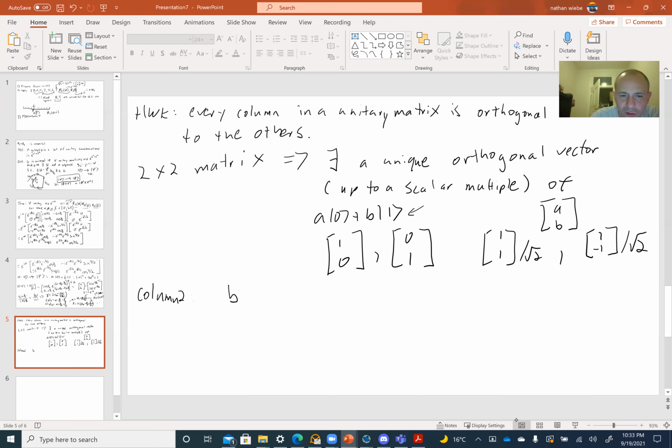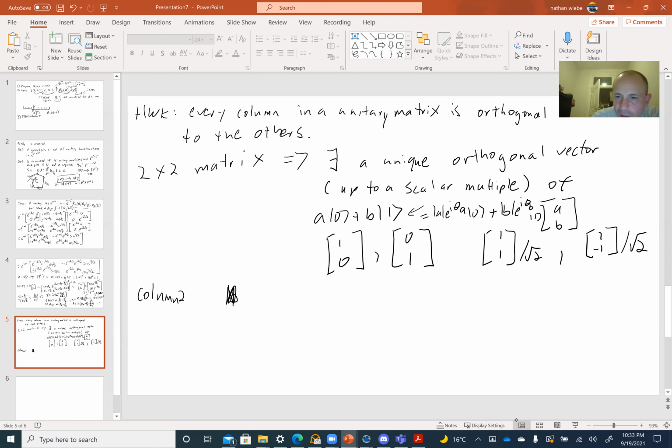If this is in this form, we can write this as absolute value of A e to the i theta A 0 plus absolute value of B e to the i theta B 1.